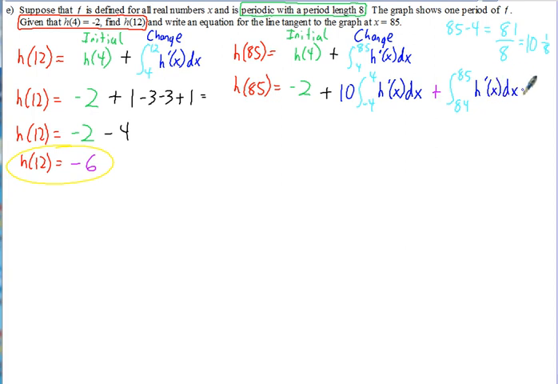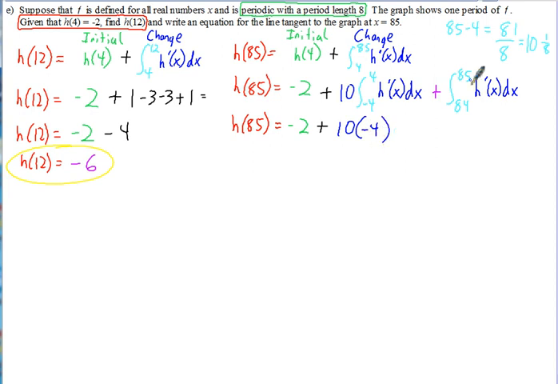Okay, so let's keep going there. 85 by negative 2 plus 10. And we already figured out from negative 4 to 4, the same as from 4 to 12 here, one period, remember that area under the curve equals negative 4. So it's 10 times negative 4.